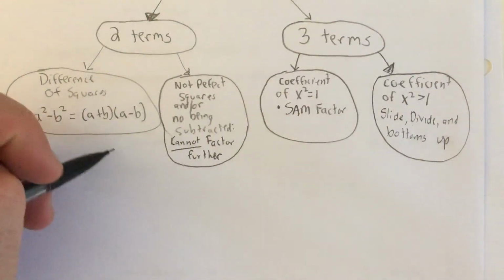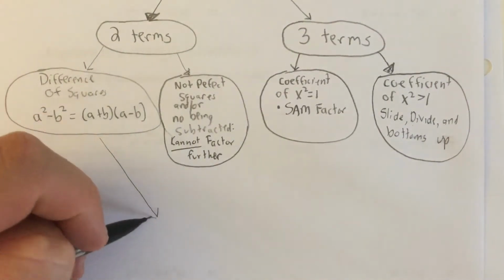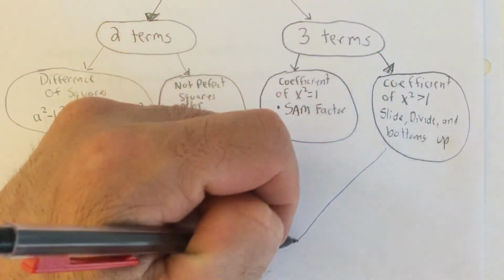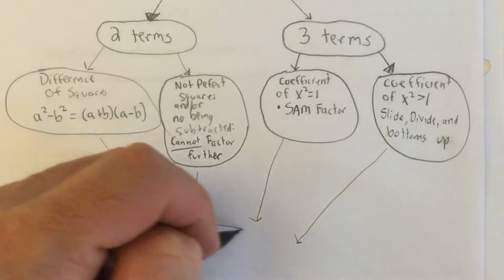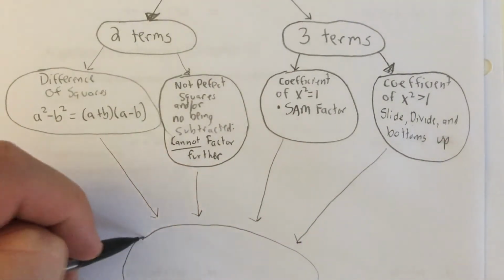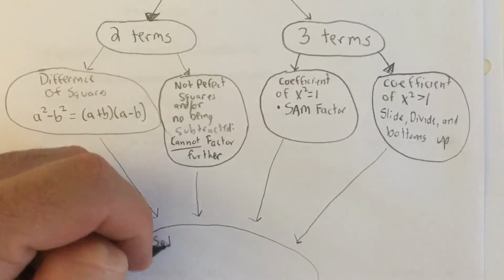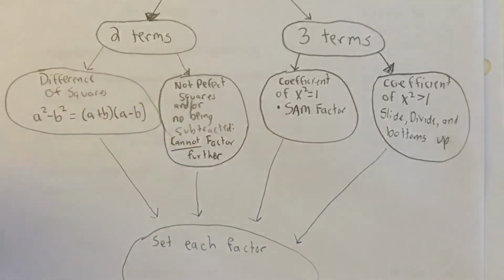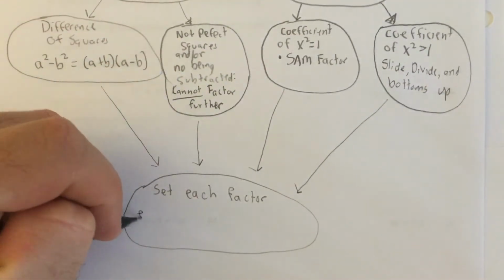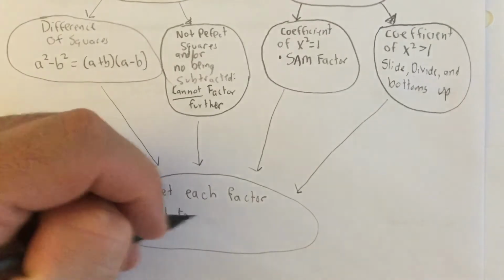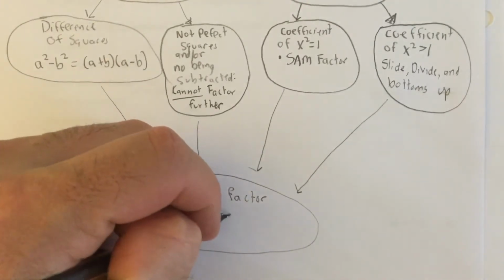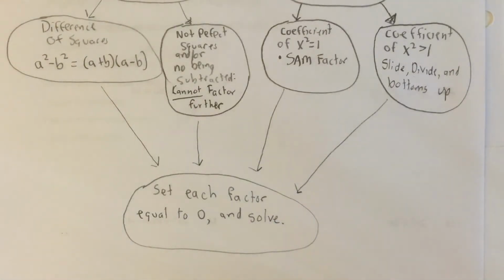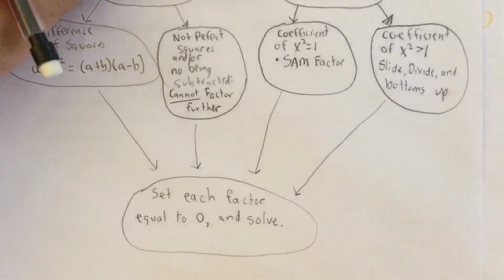Once you factor it, no matter which way you ended up coming from, they're all going to lead to the last bubble, which is set each factor equal to 0 and solve. And again, that's your last step, and that's how you end up getting x equals.